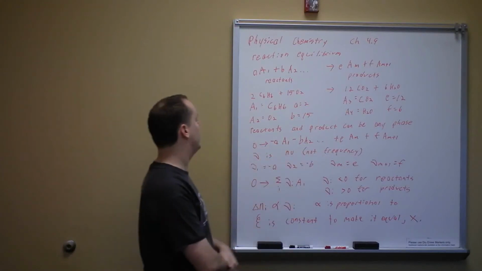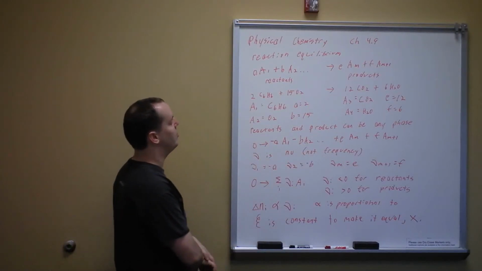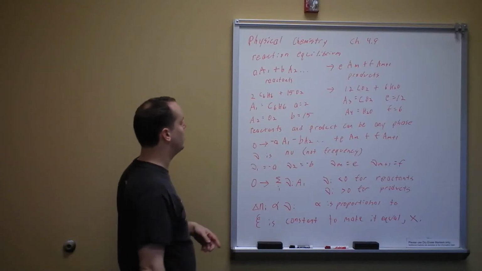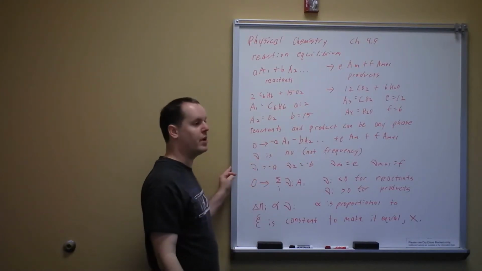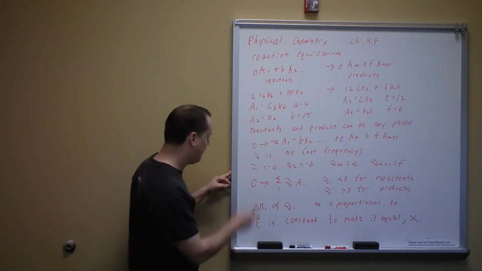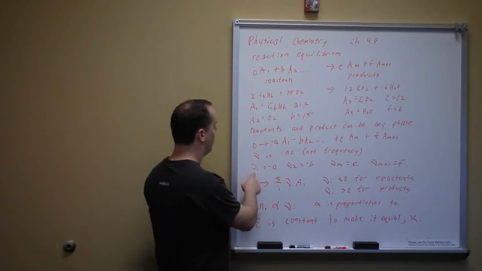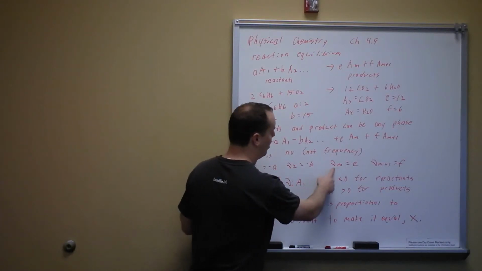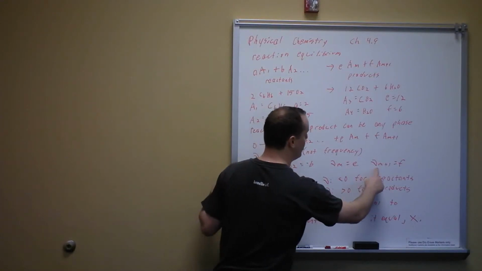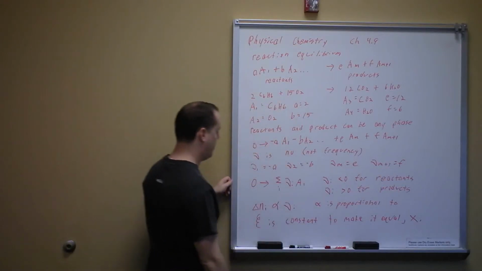It's the stoichiometric coefficient, but it'll be positive for all the products and negative for all the reactants. This is the same symbol you use for frequency, but obviously we're not talking about frequency in this case. So in this case, our nu sub 1 is going to be equal to minus a, our nu sub 2 will be equal to minus b, our nu sub m will be equal to e, and our nu sub m plus 1 is equal to f.